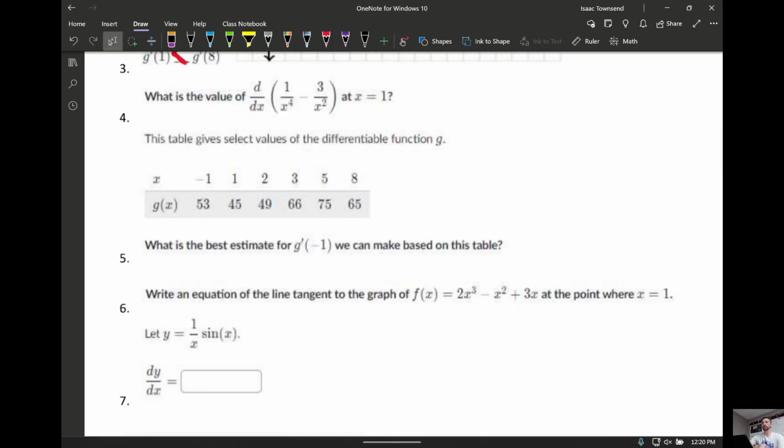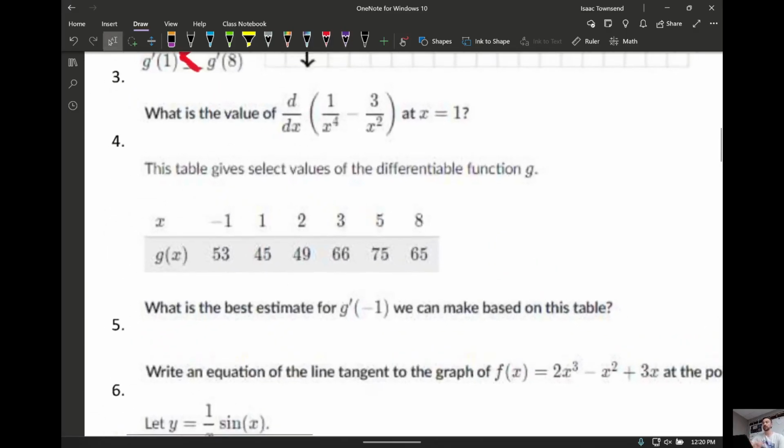Okay, number 4. What's the value of the derivative of this at 1? How would we do that? What's the derivative of this? -4x. Okay. Somebody else, what's the derivative of that?